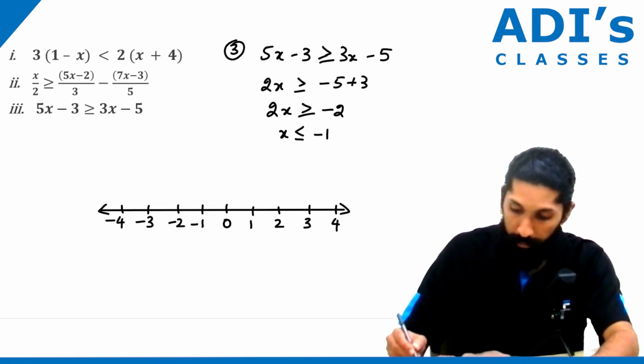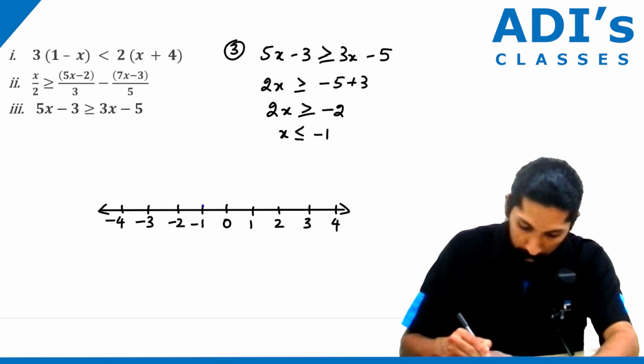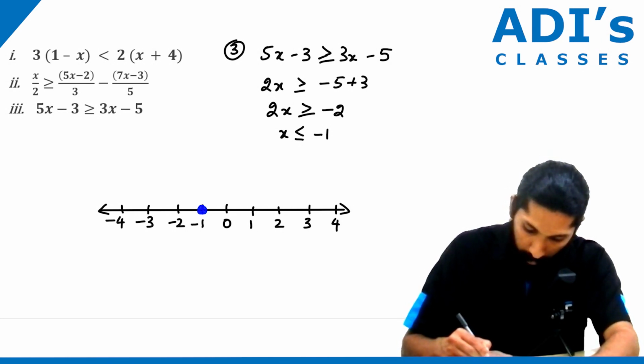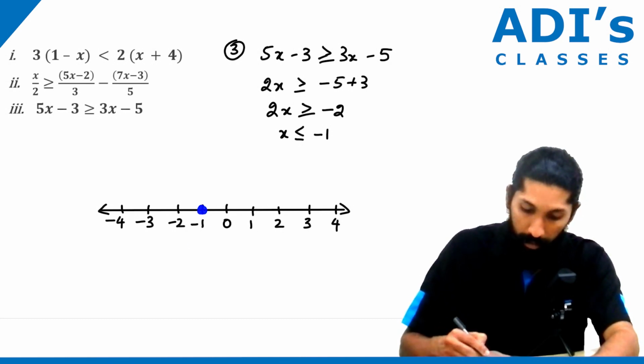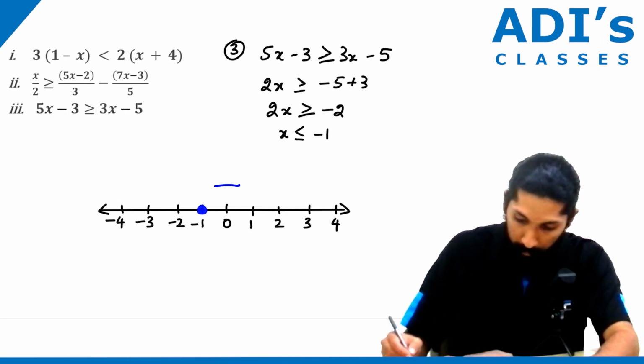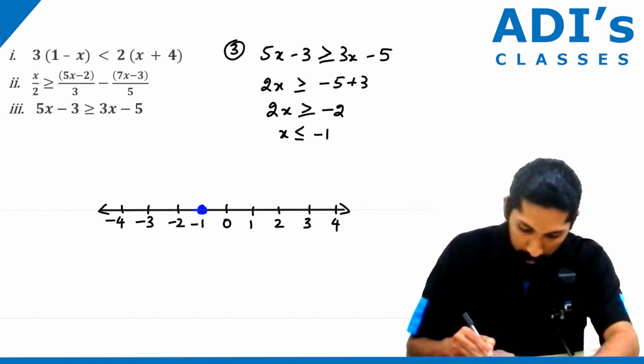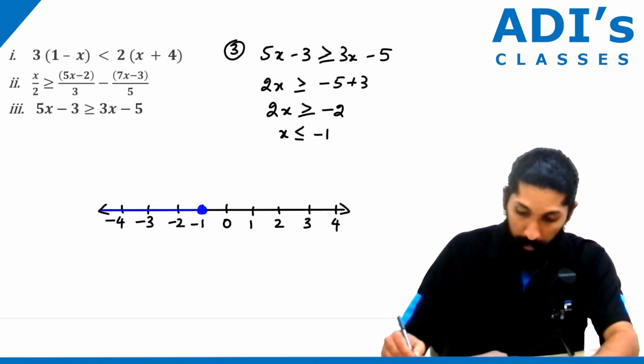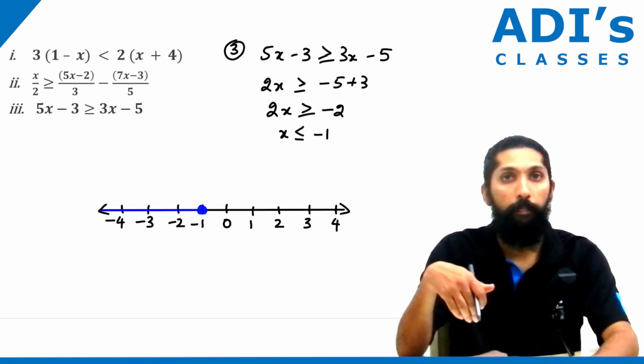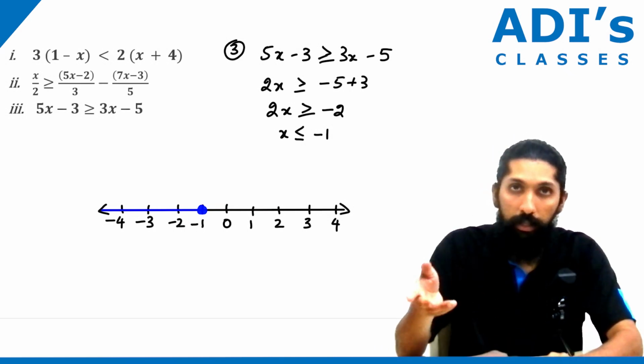So we write the slack inequality at minus 1 here. Correct? And since it is greater than or equal to minus 1, we are going to take this and put it across this way. Because it's greater than, right? Understand how we represent it graphically?